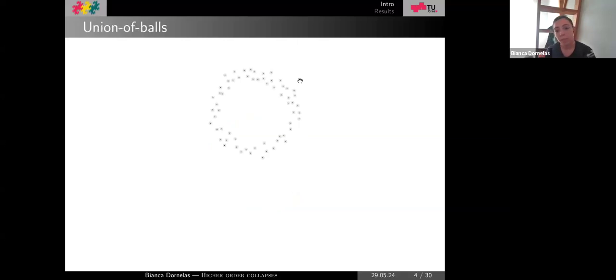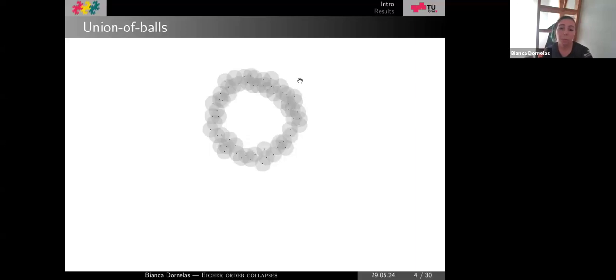And one way one can do this is start growing balls around the sites and looking at the region covered by the balls. And then one can see that there will be several connected components. Then the number of connected components will start decreasing. And eventually, there will be a whole one cycle present there. And along this process, we keep track of the radius and the variations.